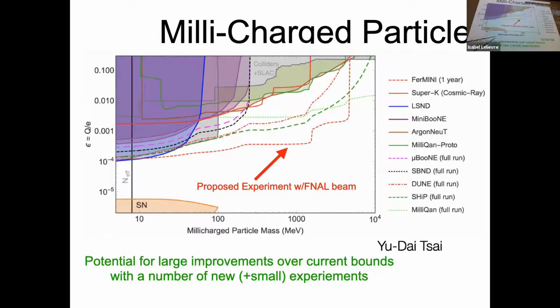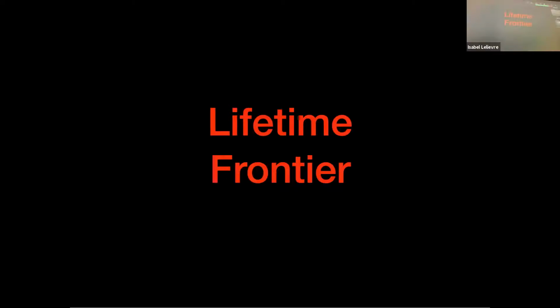This is now scanning a much smaller range, going from 10 MeV for millicharged particles to 10 GeV. You can see these are potential future bounds of various experiments, and it turns out that neutrino experiments like DUNE are going to be the most sensitive for these. All right, so that's another model.